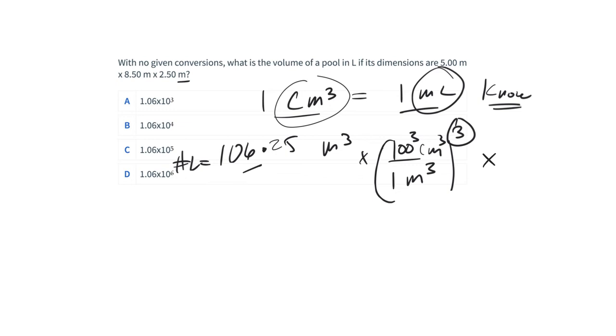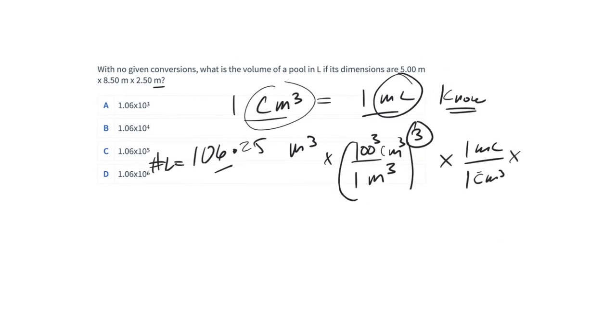And then I can use the conversion that 1 cubic centimeter is 1 milliliter, and of course 1,000 milliliters is 1 liter. So we're taking 106.25 times 100 times 100 times 100, that's 100 cubed, and then dividing it by 1,000.